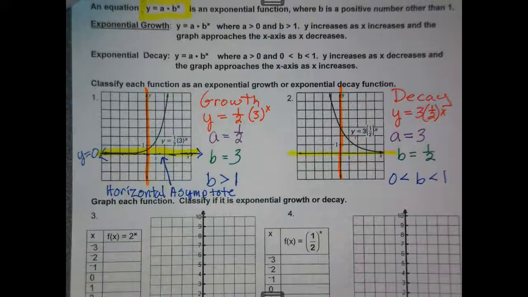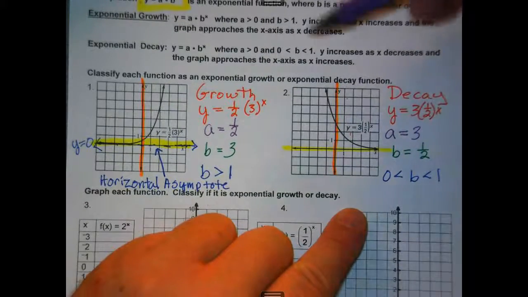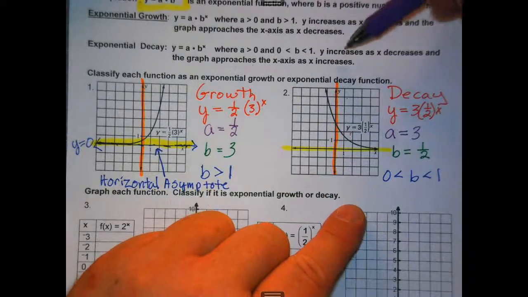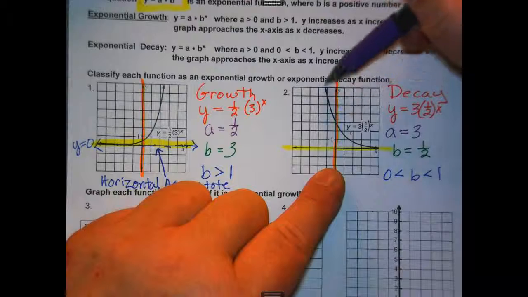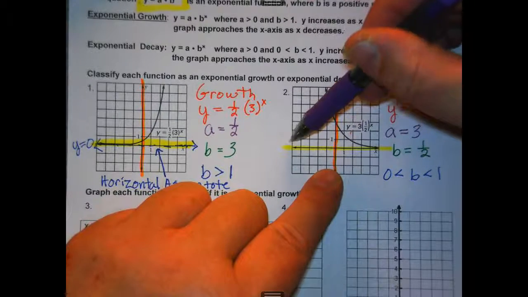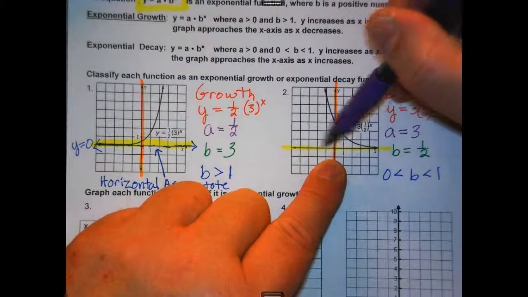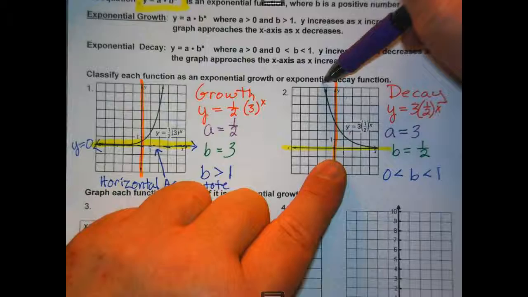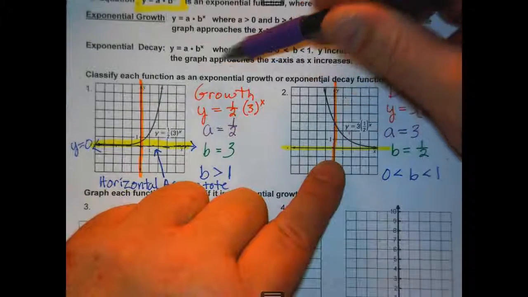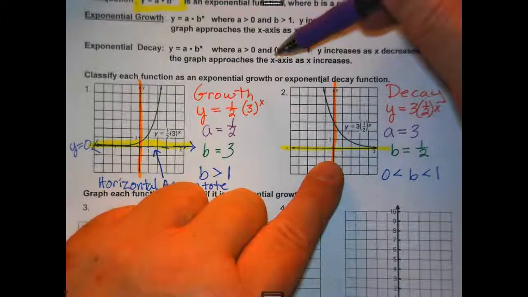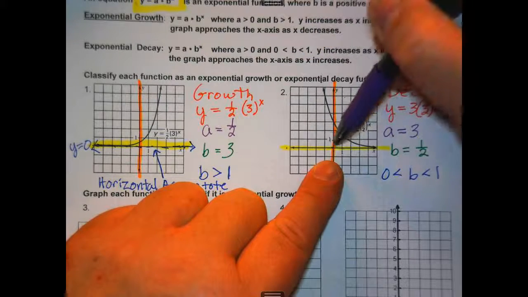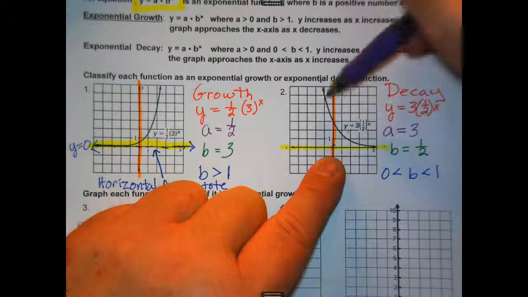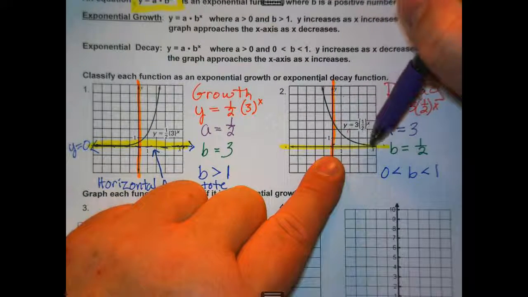Now for our decay, notice that when our b is between 0 and 1, our y increases as x decreases. Okay? Remember our end behaviors? As x decreases, y goes to positive infinity. And generally, in our decay function here, as x increases, our y goes to what?